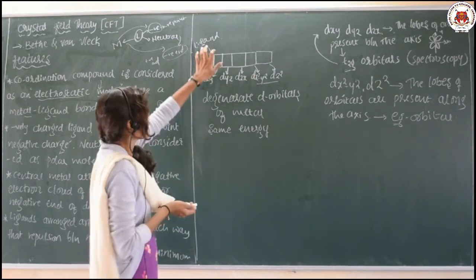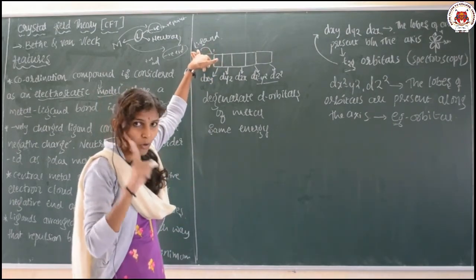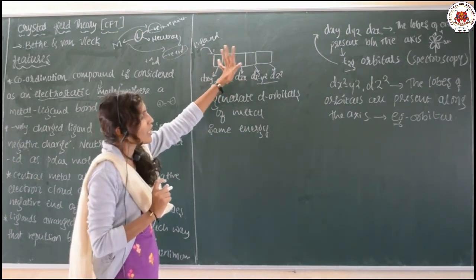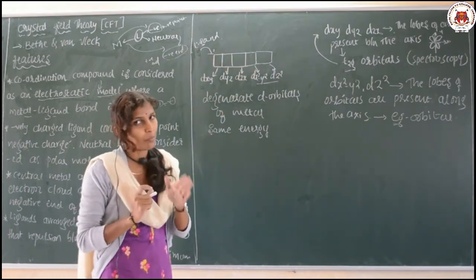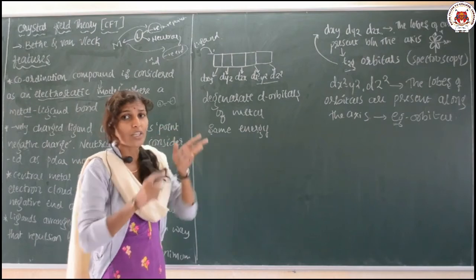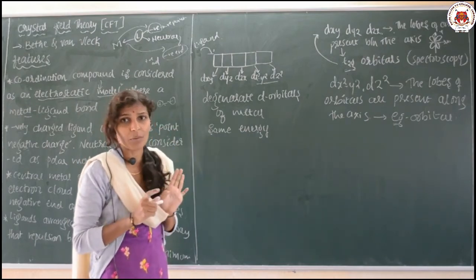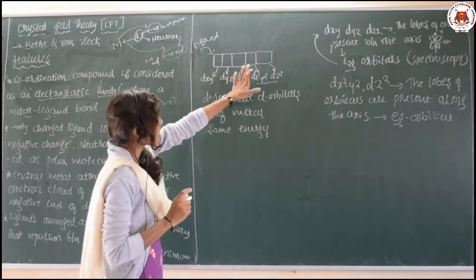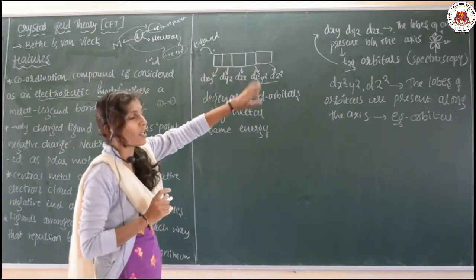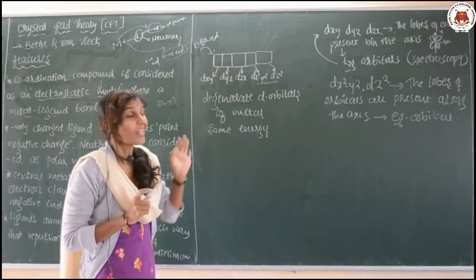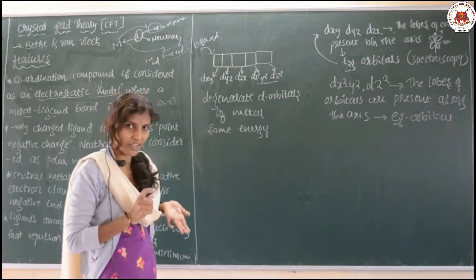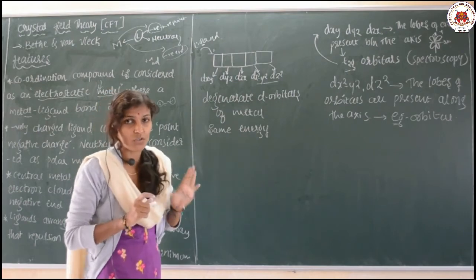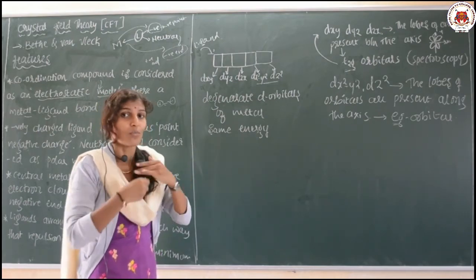Because the ligand consists of a lone pair of electrons, and the central metal atom's d orbital also consists of electrons. So both being electrons, there will be a repulsion. When the repulsion occurs, the degeneracy of the d orbitals will be lost. Degeneracy lost in the sense these d orbitals do not have the same energy; they have different energy.